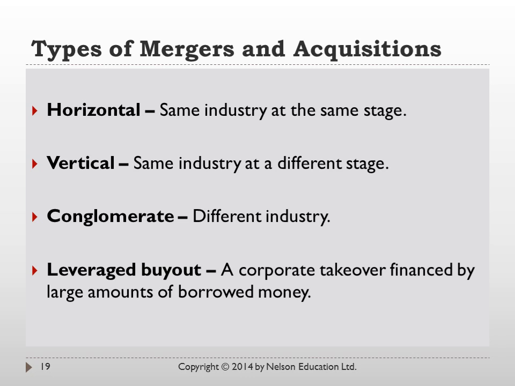Usually that's done to reduce costs, expand product offerings, or perhaps reduce competition. That could be where one auto manufacturer purchases another auto manufacturer. So they're really in the same industry, at the same stage of production.